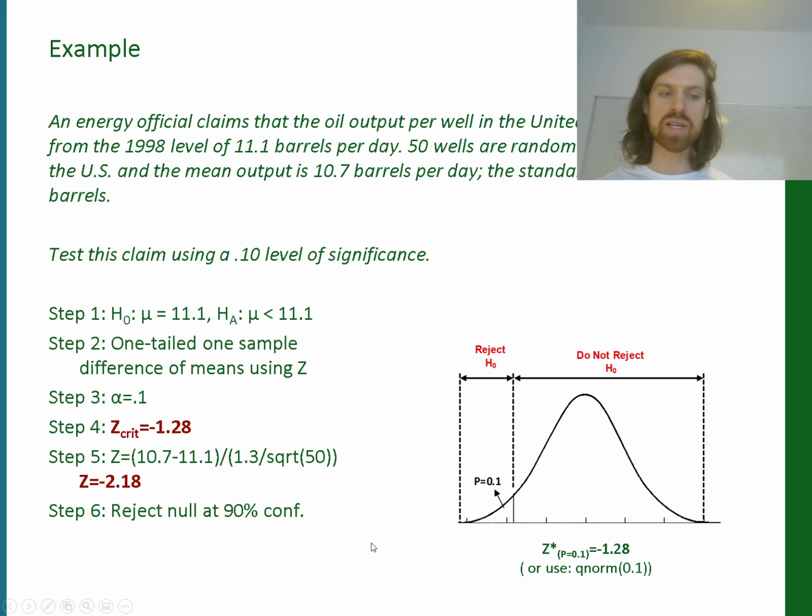Now this number, minus 2.18, is actually below this line here, which indicates that the sample is within our zone of rejection for the null hypothesis, which means that we reject the null hypothesis at the 90% confidence level. Okay, so hopefully that's reasonably clear for you.